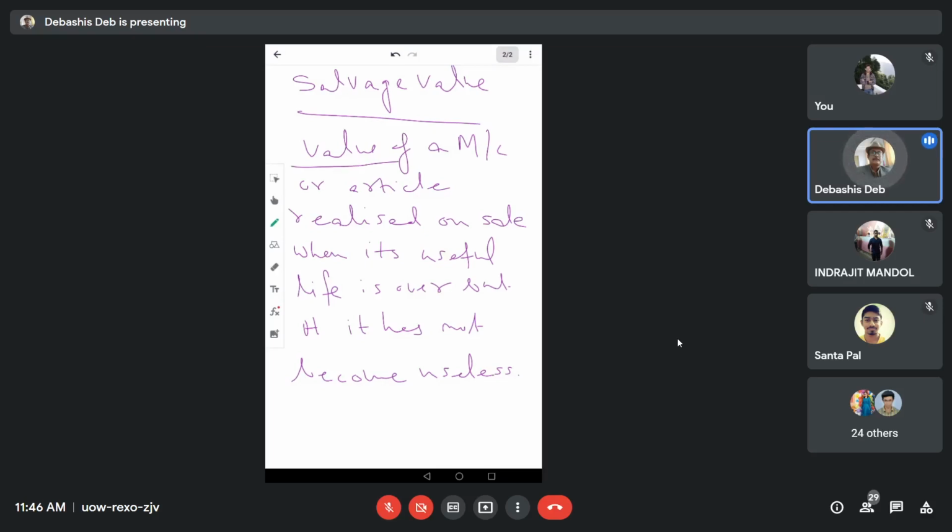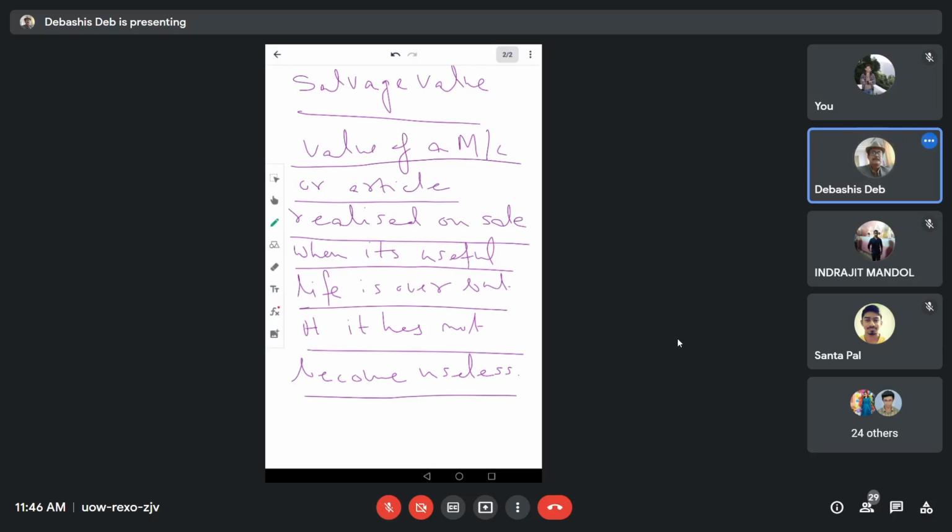It is the value of a machine or article realized on sale when its useful life is over, but it has not become useless. Okay, but one thing in your problem, I am differentiating salvage value and scrap value.